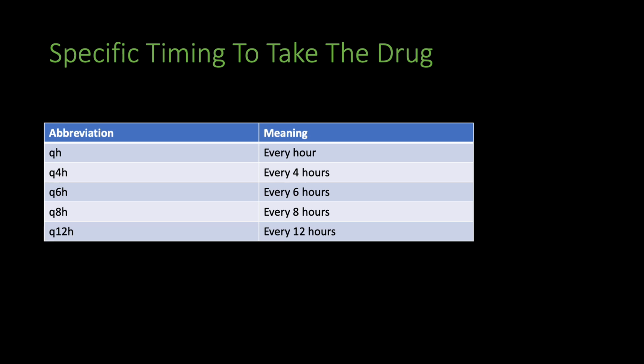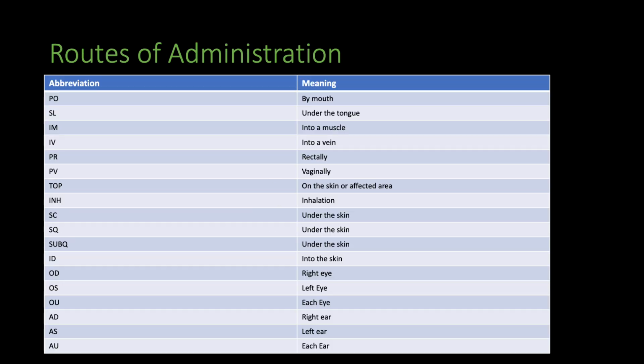So just know that. The next one are the different routes of administration. How should a patient take the medication? Should they take it by mouth? Should they take it as an injection? Those kinds of things.